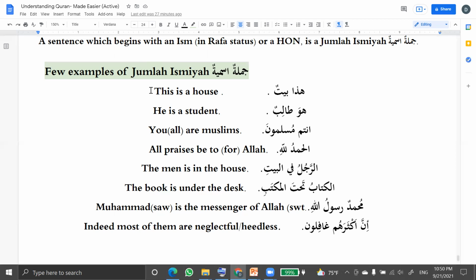So the later part of the sentence gives us information about the first word, right? Then we have antum muslimuna. You all are Muslims. So again, antum is a detached pronoun, rafa status.